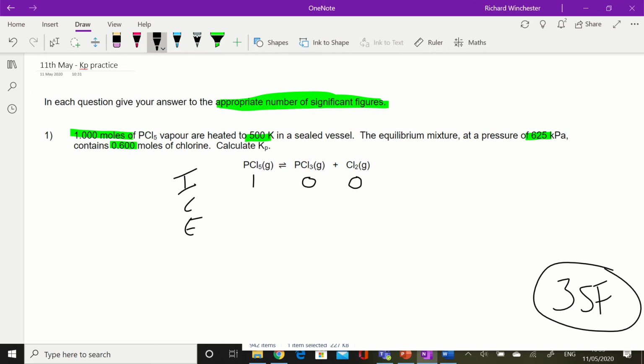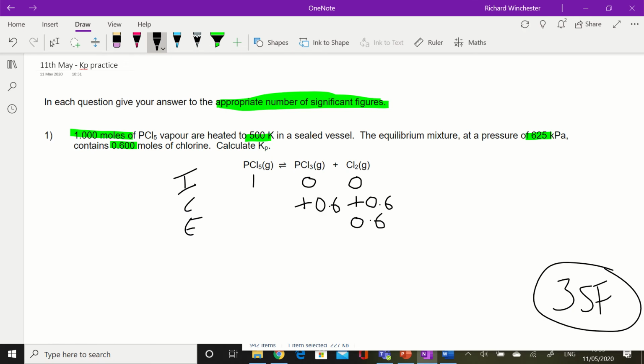And at equilibrium, I've got 0.6 moles of chlorine, Cl2. So the change in Cl2 must have been plus 0.6. What else is going to increase as we increase the Cl2? Well, the PCl3 will have. And it's a 1-to-1-to-1 ratio all the way through this. So PCl3 is also going to increase 0.6 moles of it.